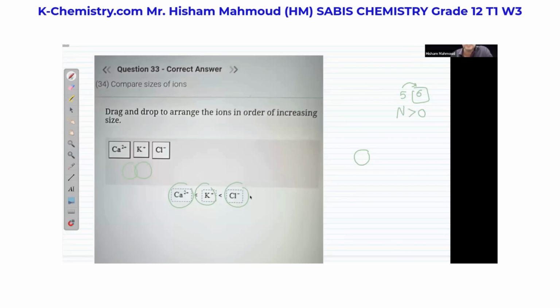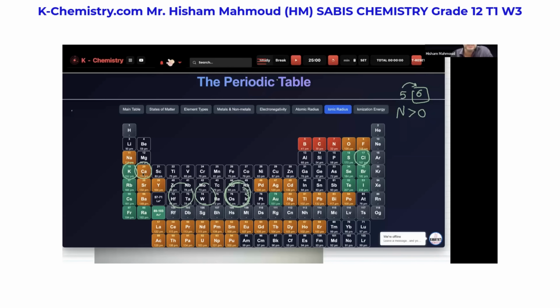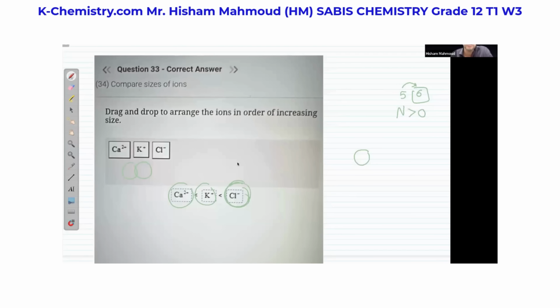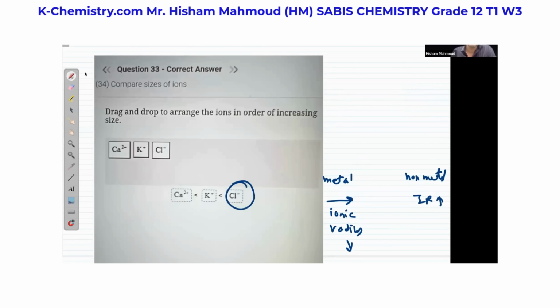That's why the chloride is the biggest one, while for the potassium, you went right to the calcium. That's why calcium is the smaller one. The rule again is when you go in the metals, as you go to the right, the ionic radius will decrease, but when you go to the non-metals, the ionic radius is going to increase. That's why the chloride had the highest ionic radius.